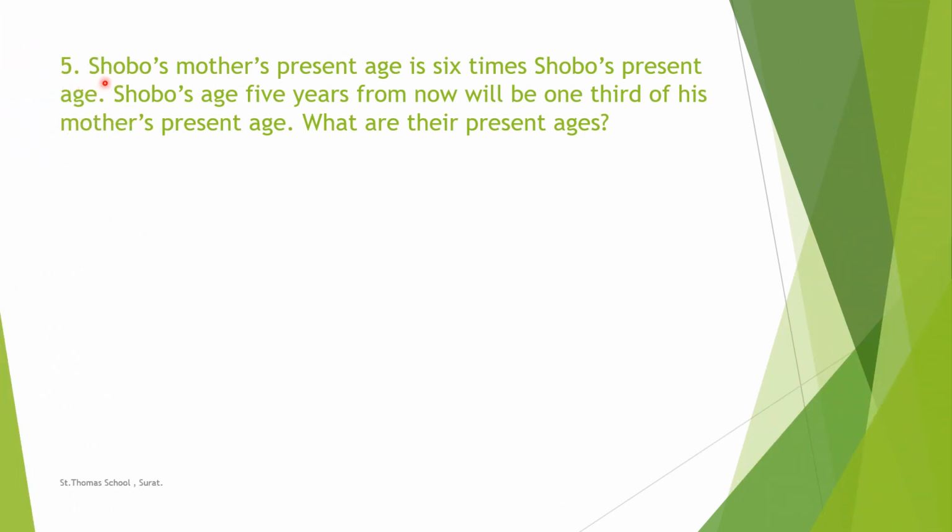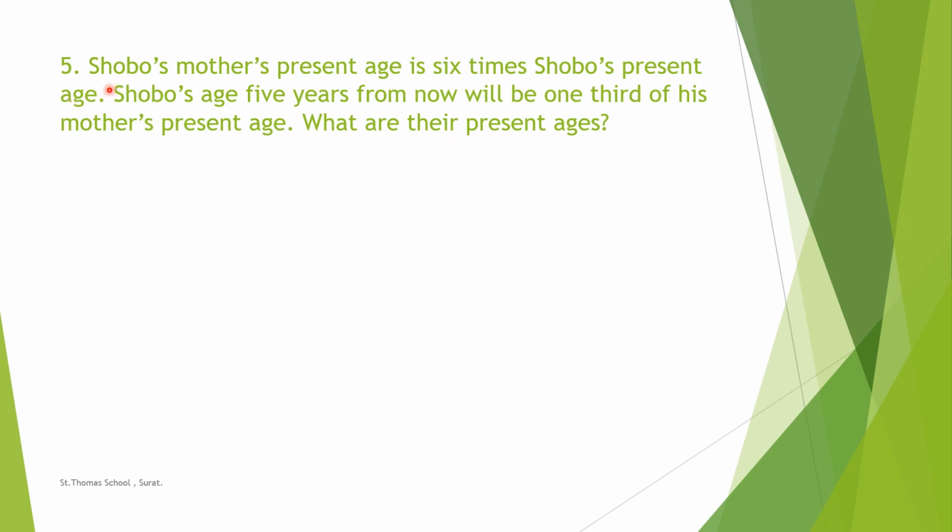Question number 5. Shobo's mother's present age is 6 times Shobo's present age. Shobo's age 5 years from now will be one third of his mother's present age. What are their present ages? You have to find both of their ages.